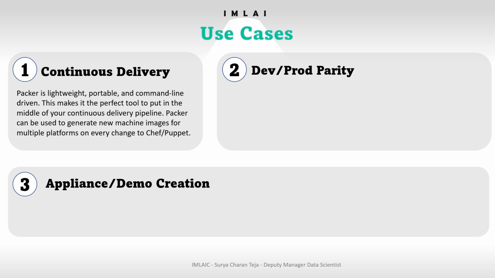The newly created images can then be launched and tested, verifying the infrastructure changes work. If the tests pass, you can be confident that the image will work when deployed. This brings a new level of stability, testability and confidence to infrastructure changes.